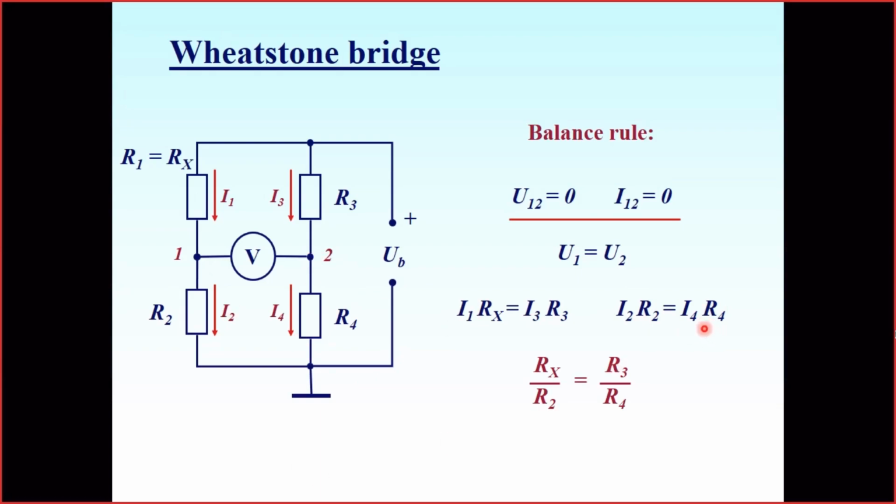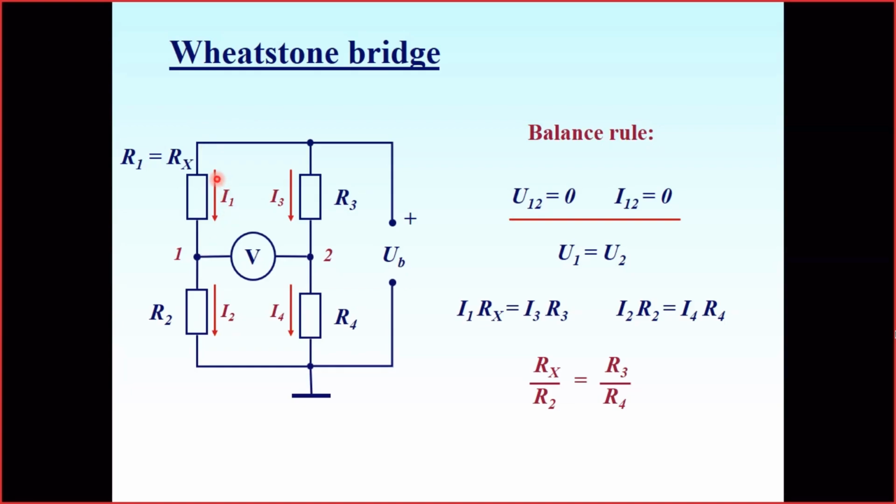So this is the first equation that we can derive from this circuit. Another equation in the same way. If these voltages are equal, we should take into account that this voltage will be equal to the power voltage UB, which I've applied here, minus the voltage dropped over the resistor R1 or Rx.